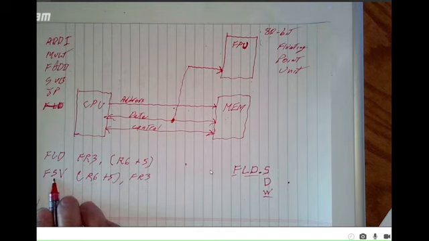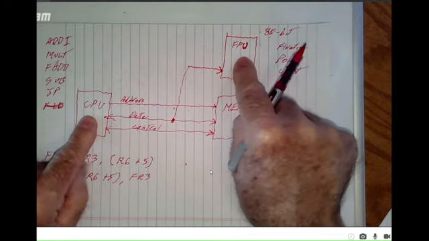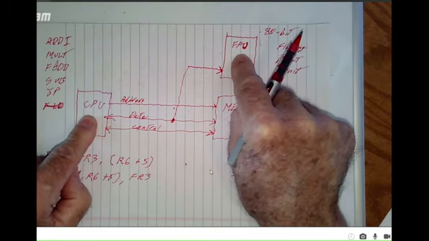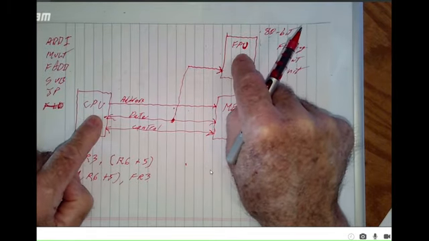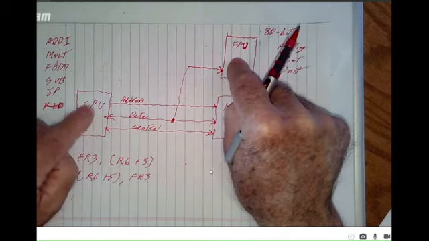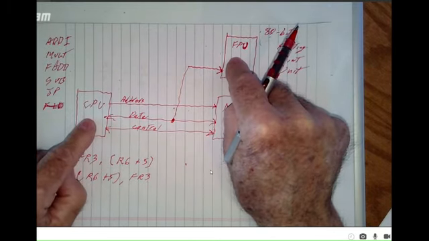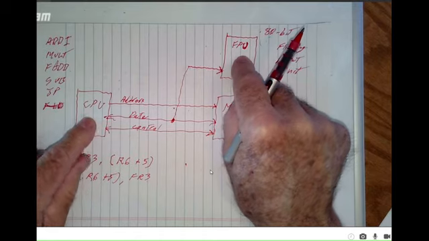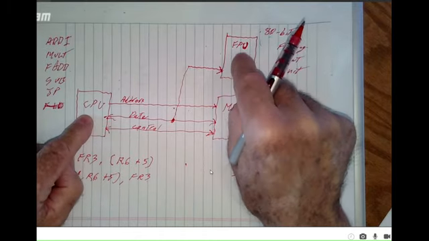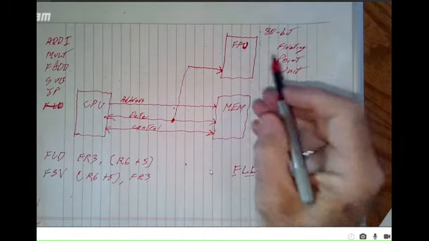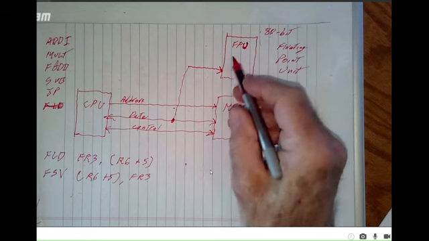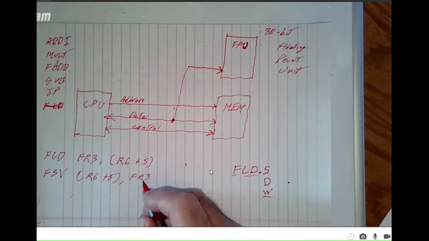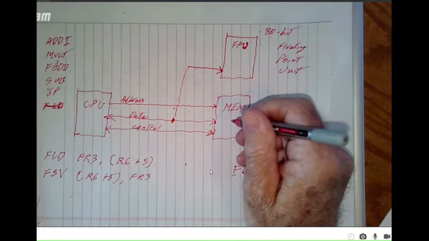So when this instruction is fetched, again, both units get the instruction. The CPU is the one that fetches it, but the floating point unit also grabs it and puts it in its instruction register. And the floating point unit looks at this and says, okay, I'm supposed to take what's in floating point register 3 and send it to memory.